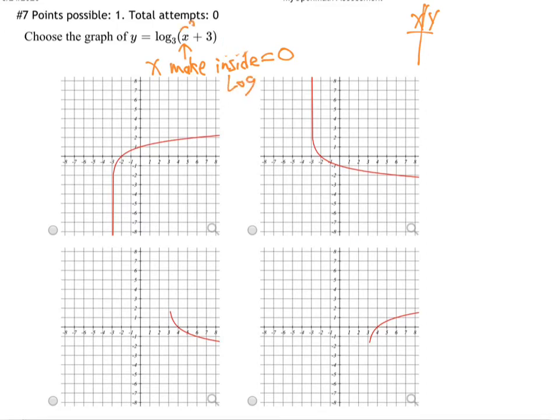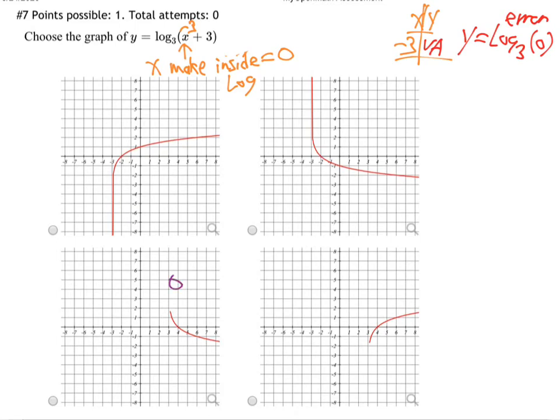So what's that going to be? Negative 3, isn't it? Plug in negative 3. You could do it on your calculator, but you'll just get log base 3 of 0, which will be an error, which really means that's where the vertical asymptote is, at negative 3. So the vertical asymptote's at negative 3.